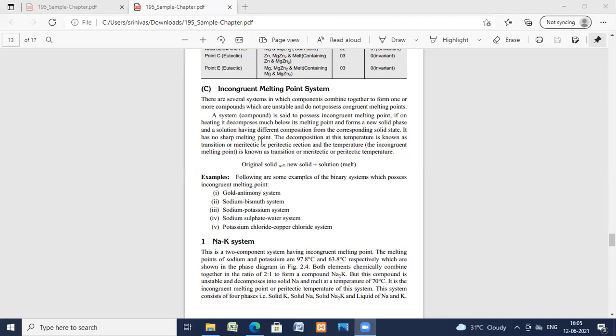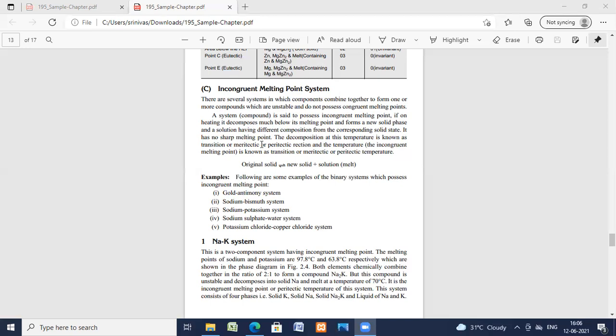When two solids are melted together and the liquid is cooled, substances are deposited together. This is usually the case when the substances are isomorphous. The solid thus deposited is called a solid solution. A solid solution is defined as a homogeneous mixture of two or more crystalline solids in varying proportions.